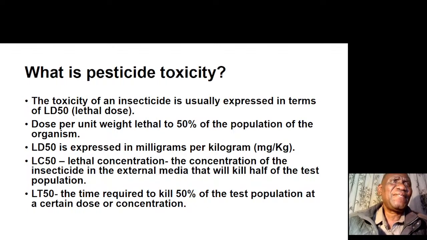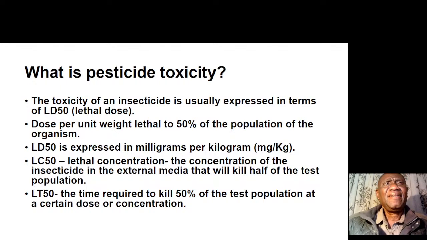The LC50, on the other hand, is the lethal concentration. This is the concentration of the insecticide in the external media that will kill half of the test population. With LD50, the test animal has to get the pesticide inside its body.